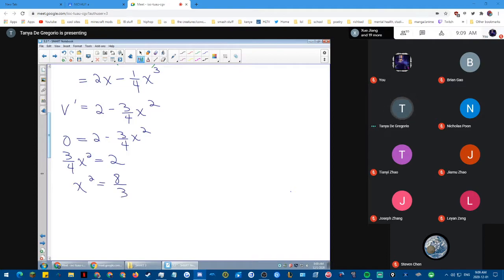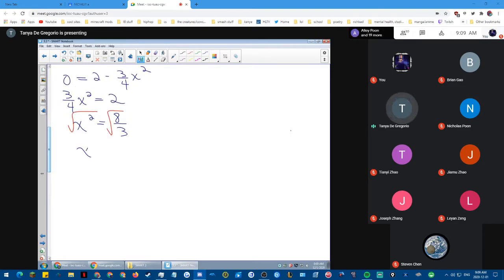And now to solve for x, we take the square root. Whenever you take a square root, what do you need to do? Plus or minus. Good. Whenever you take a square root, you always have to show the plus or minus. But we know in this case, because we are talking about length, that x has to be greater than 0. We only need the positive. So we found that.